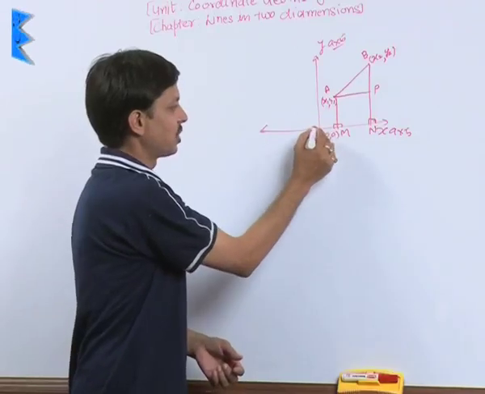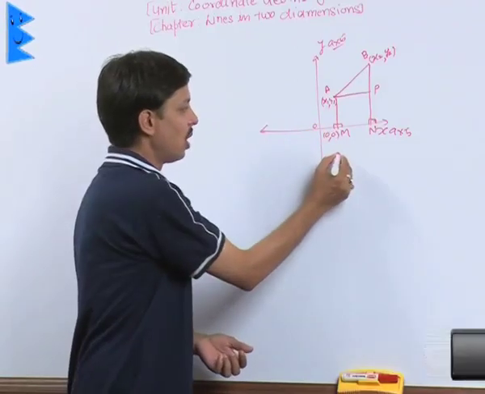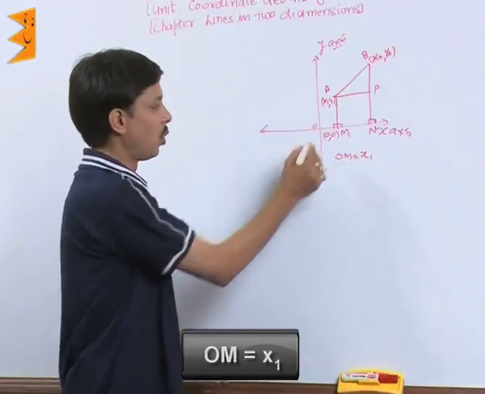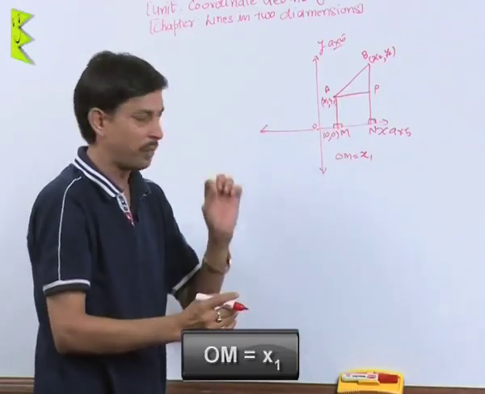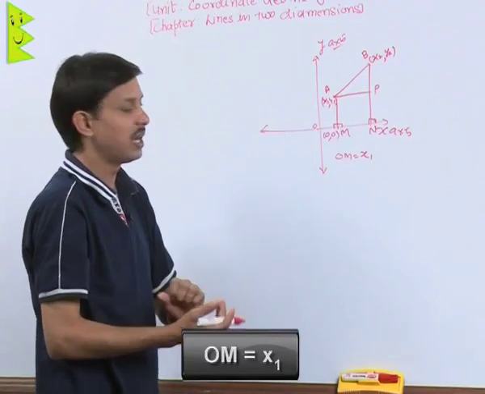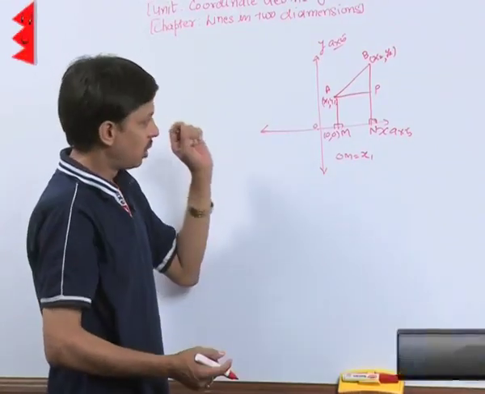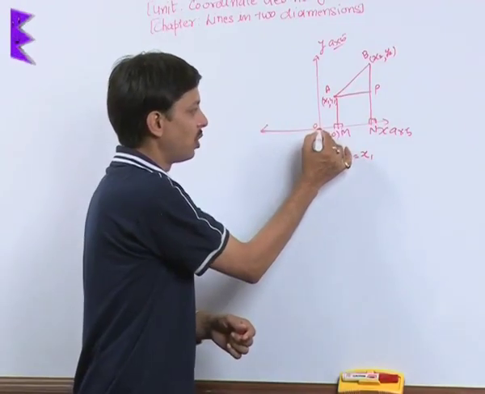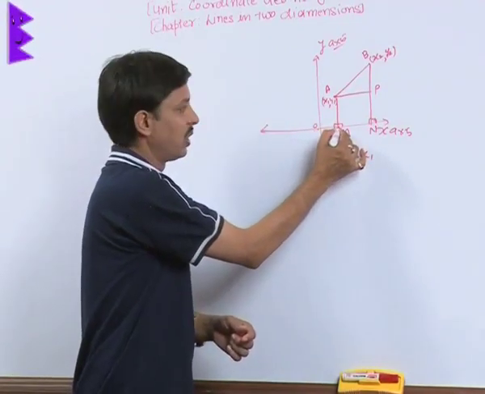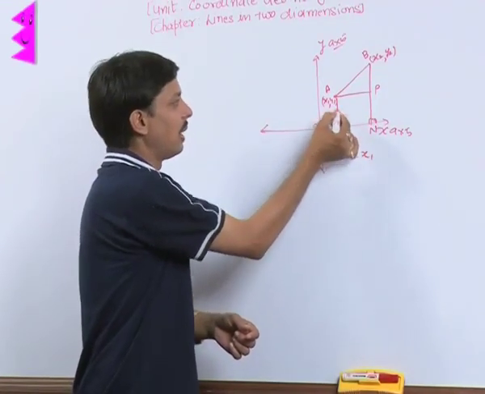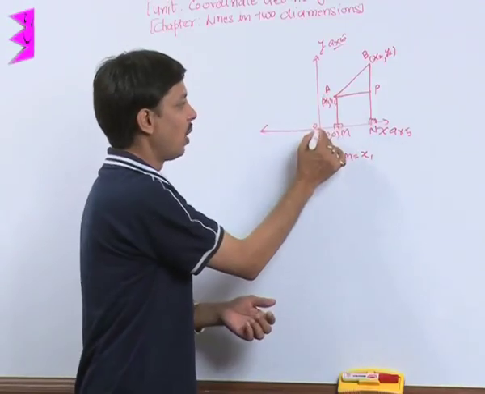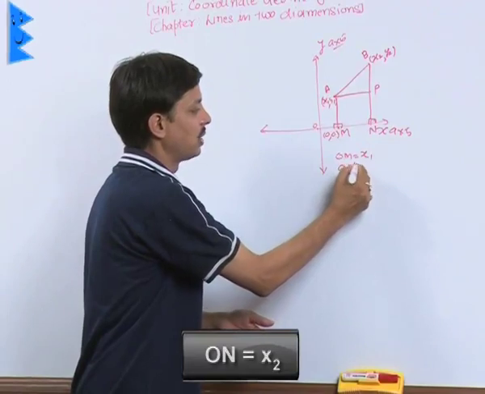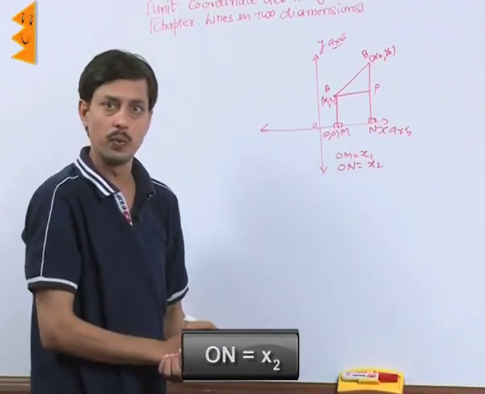So we must understand this is origin O. Distance OM is equal to x1, because the coordinates of point A are x1, y1. To reach A, first of all we have moved from the origin to M, that is distance x1, then upward MA, y1. Now OM is x1 and distance ON is x2.